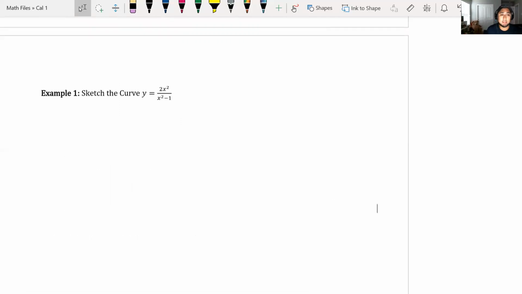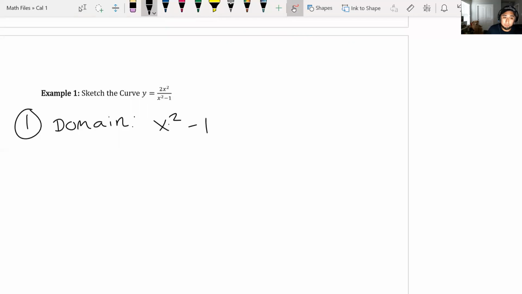Example 1. Sketch the curve y equals 2x squared over x squared minus 1. So step 1, let's look for the domain first. Since this is a rational function, the domain comes from the denominator. So I take x squared minus 1 and set it equal to 0. I solve for x. x squared equals 1, therefore x equals plus or minus 1.